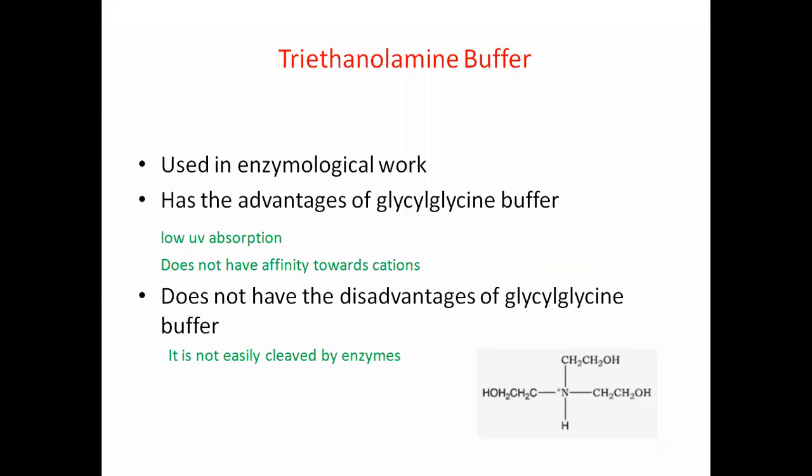Advantages means it has very low UV absorption, and it does not have affinity towards the cations. The disadvantage of glycine buffer is that it is easily cleaved by the enzymes. But triethanolamine buffer is not easily cleaved by the enzymes.